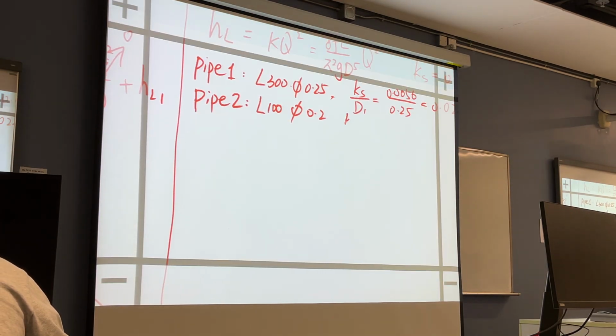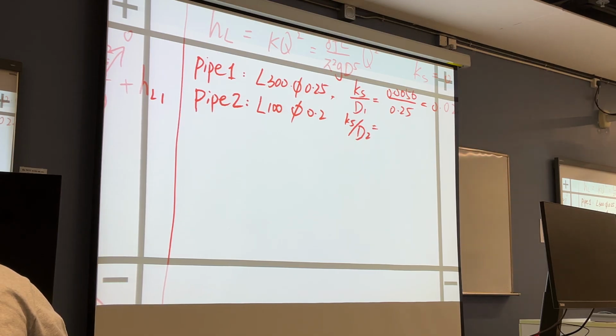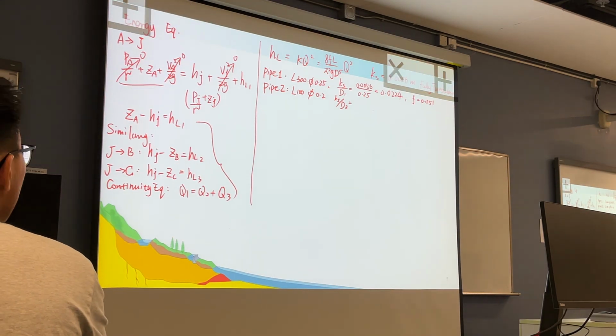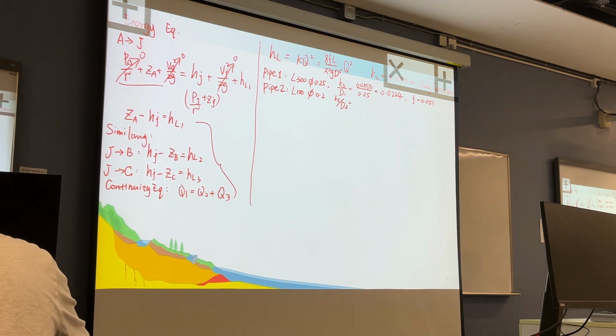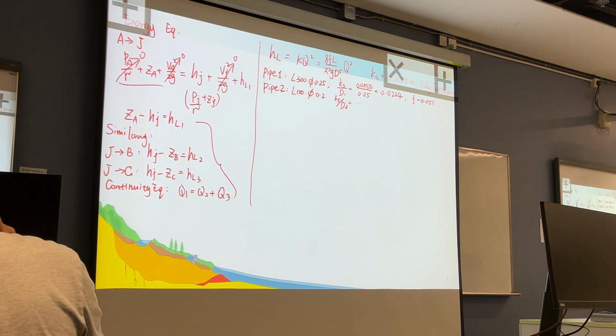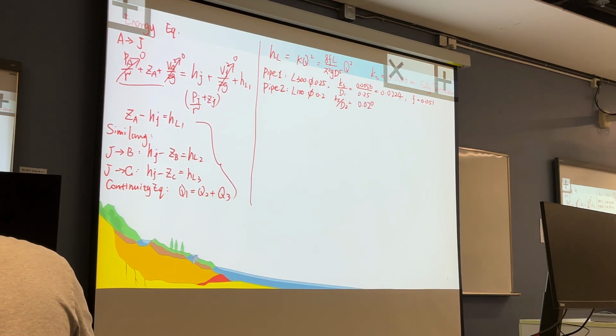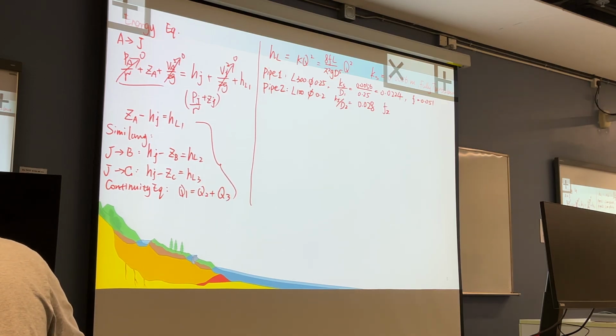So the Ks over D2 is equal to the result of a similar calculation. To save time, it is 0.028. The frictional factor for pipe 2 is found to be 0.056.